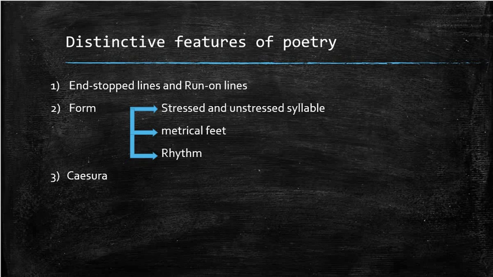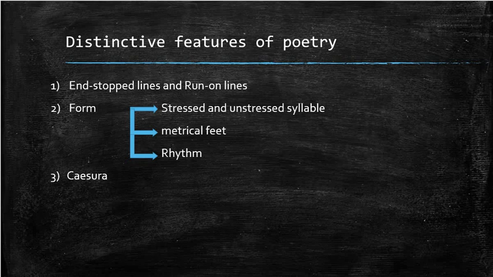As for form, under form we have stressed and unstressed syllables, we have metrical feet, and rhythm. We also have caesura, and the caesura is a stop within the verse or the poetry line.